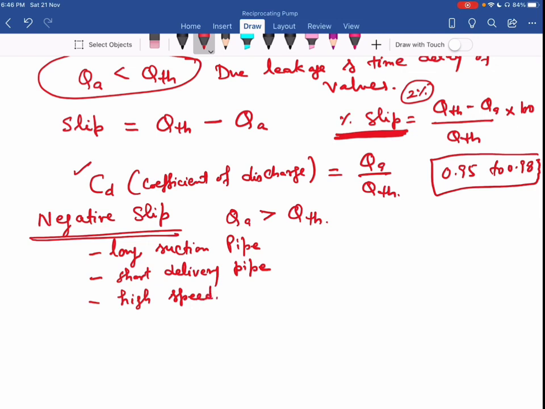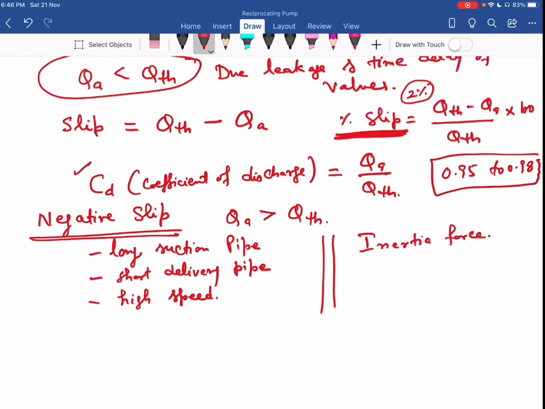Okay, so at that time, inertia force plays an important role. The inertia force in the suction pipe becomes large as compared to the pressure force on the outside of the delivery valve. Okay, I repeat it. The inertia force in the suction pipe becomes large as compared to the pressure force on the outside of the delivery valve.